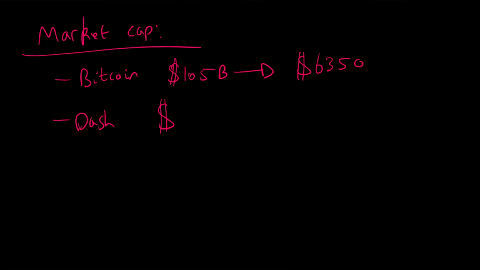Dash's market cap is a little less at 2.2 billion. Again, no cryptocurrency as of now in 2017 is anywhere close to Bitcoin, because Bitcoin was the original one, so it had the first mover advantage. In terms of the coin, it costs $1. I'm joking, I'm just joking. It costs $282 per coin. So that's really everything you need to know about Dash compared to Bitcoin.